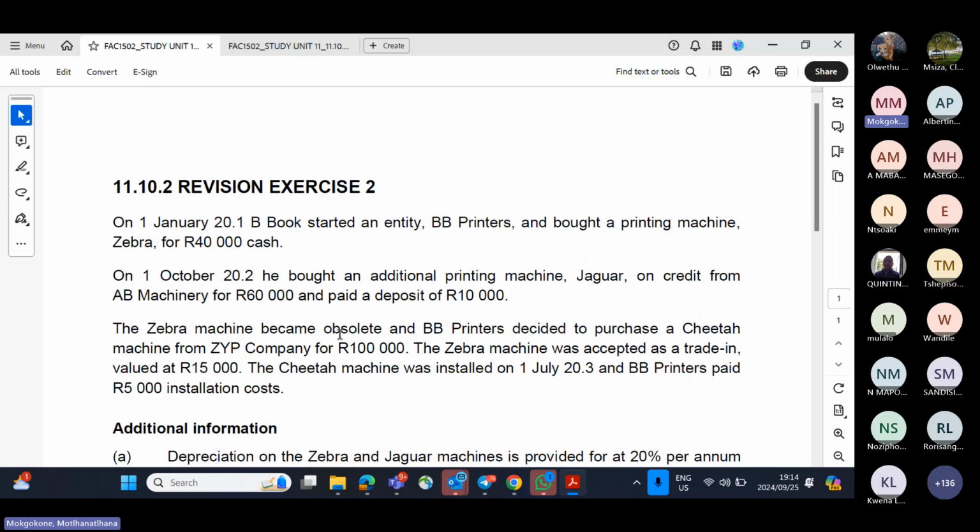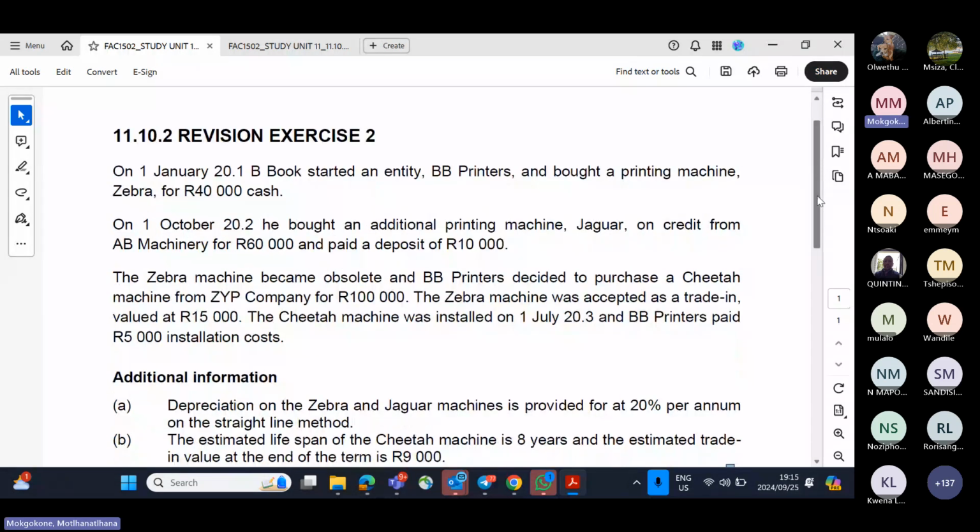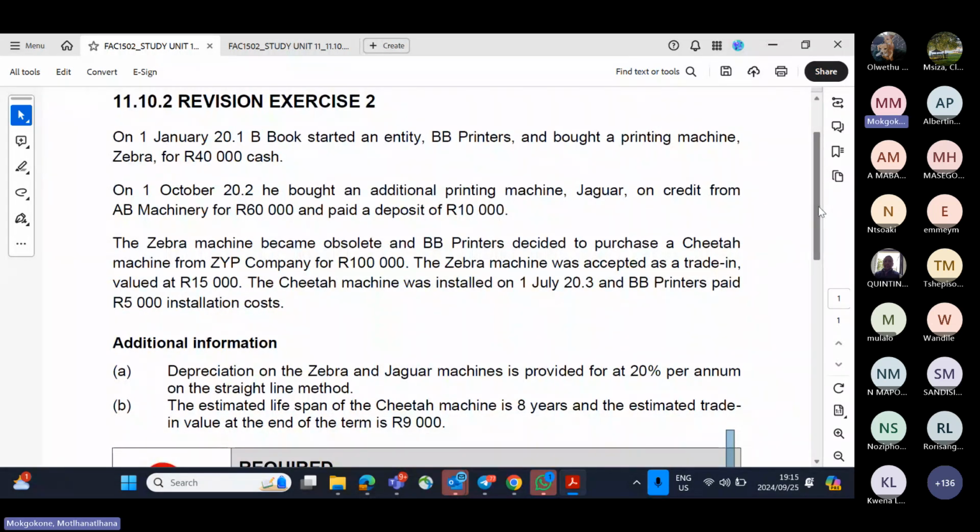Remember, installation cost will form part of your cost price. If maybe they require, say, calculate depreciation, you will take the cost, add your installation cost, then you will get the total cost price. And then on the additional information, additional information A: depreciation on the Zebra and Jaguar machine is provided for at 20% per annum on the straight line method.